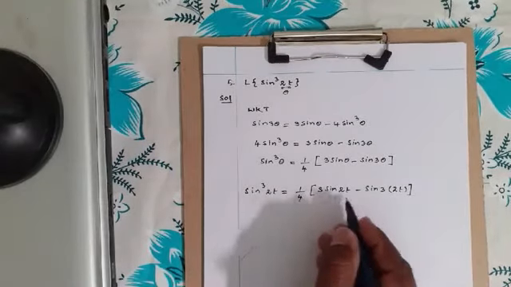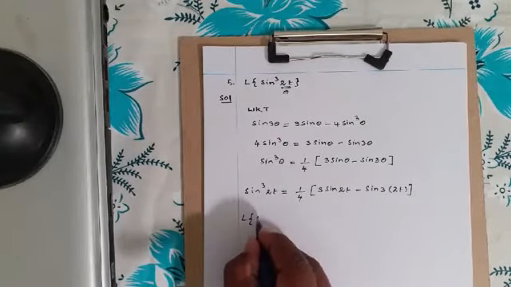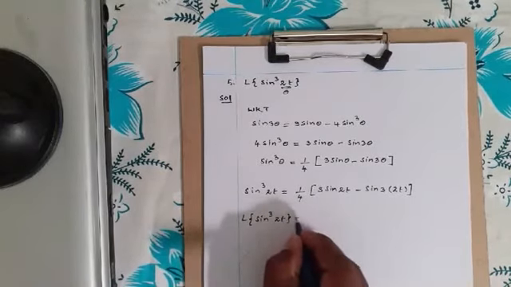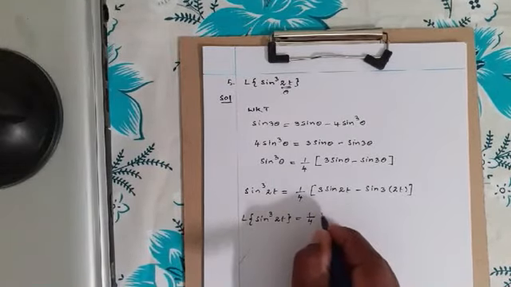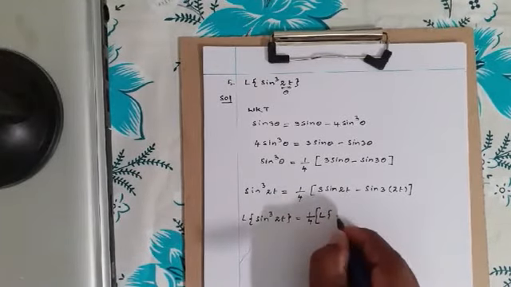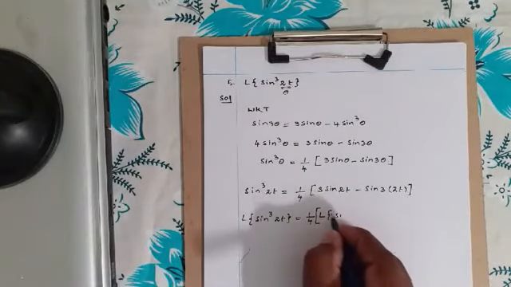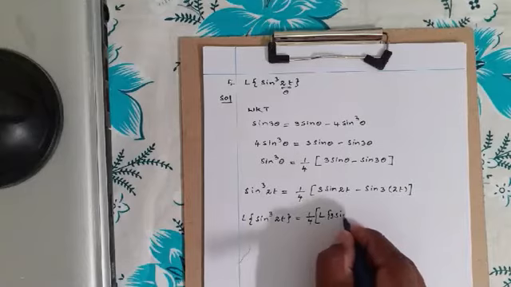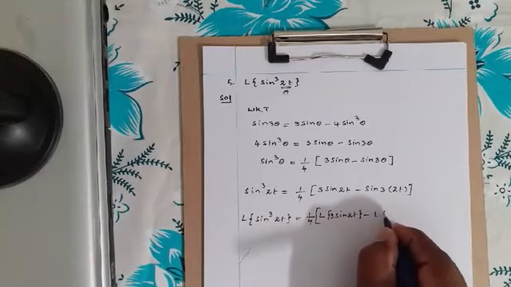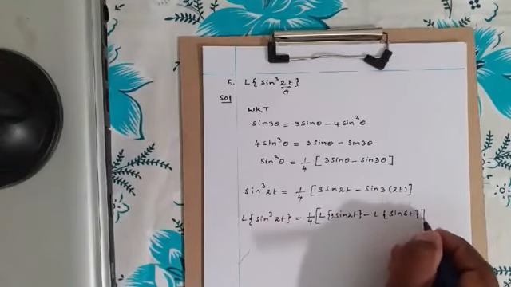Now if you apply Laplace for this one, that becomes L of sine cube 2t is equal to 1 upon 4. Now you can put the box here, that becomes L of 3 sine 2t, we have 3 here, minus L of sine 6t. Now close the box.